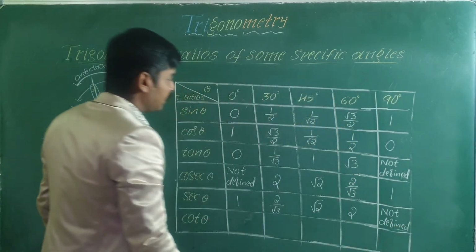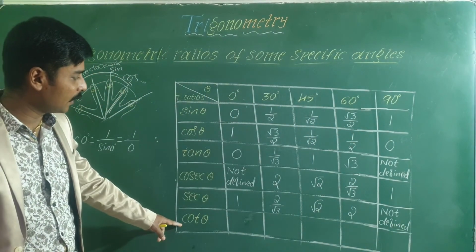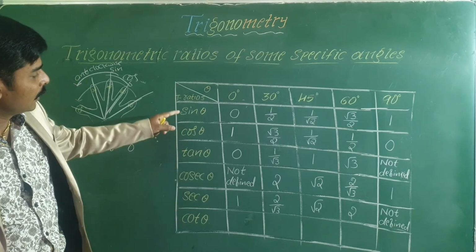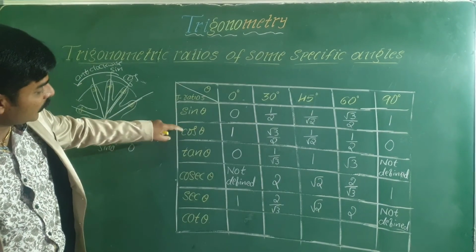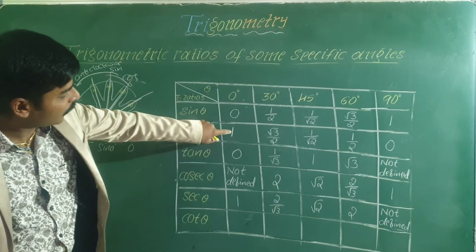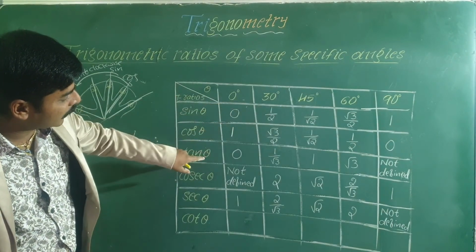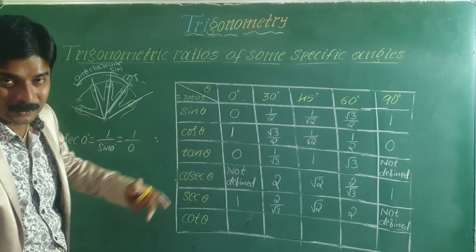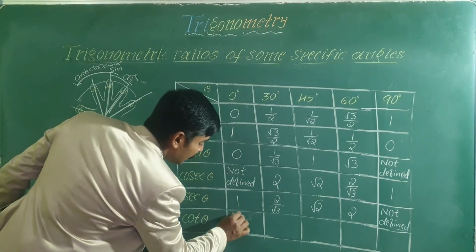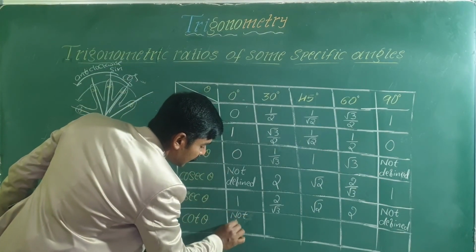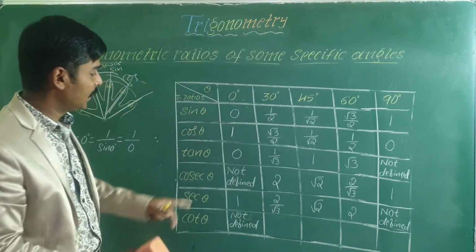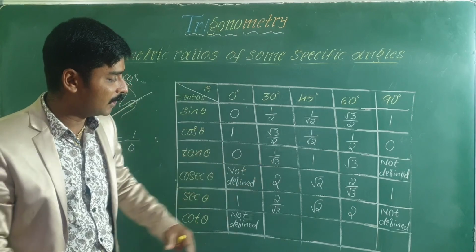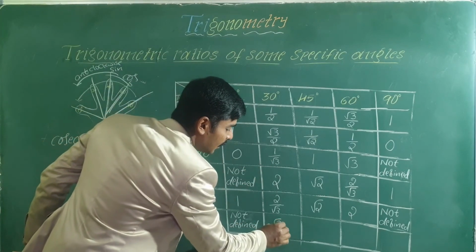Next, cot theta. Cot theta is the ratio of cos theta by sin theta. So 1 divided by 0, or you can take the reciprocal of tan theta, 1 by 0. It is not defined. Next, reciprocal of 1 by root 3 is root 3.